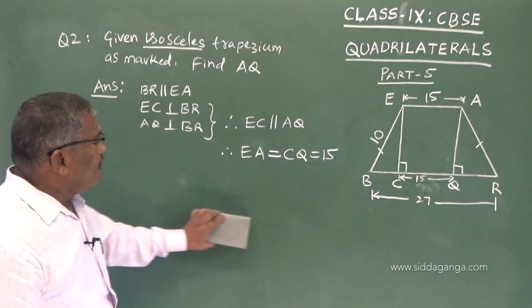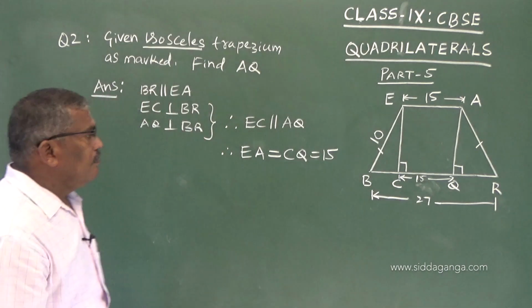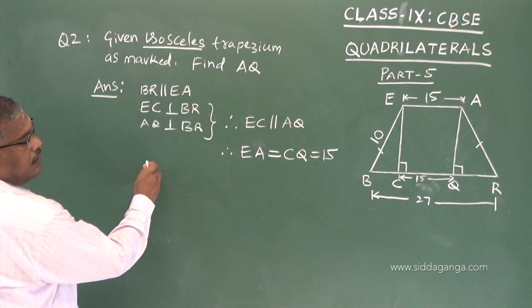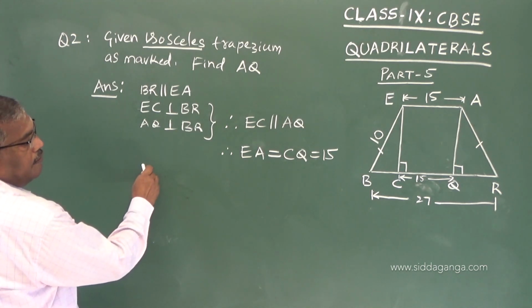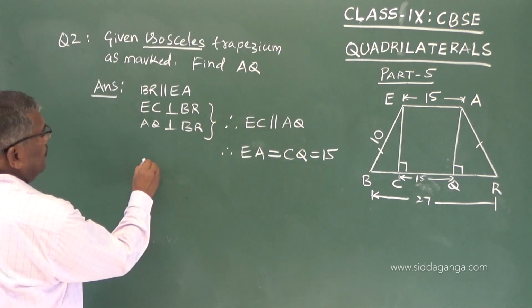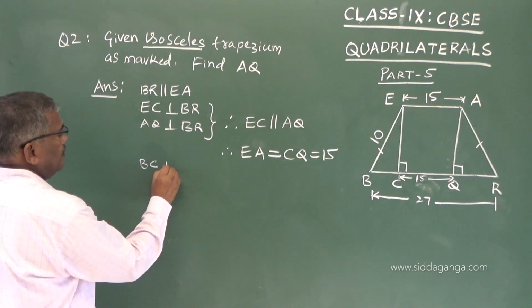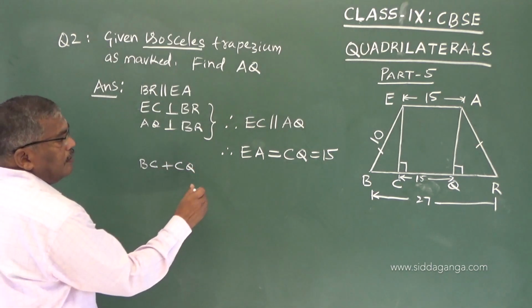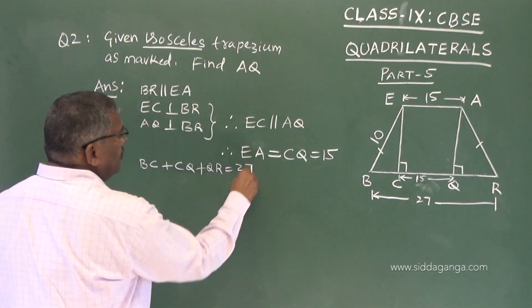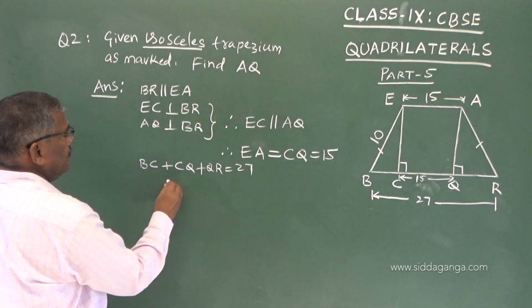27 minus 15. So it will be BC plus QR. Now I will write BC plus CQ plus QR is 27, but CQ equals 15.